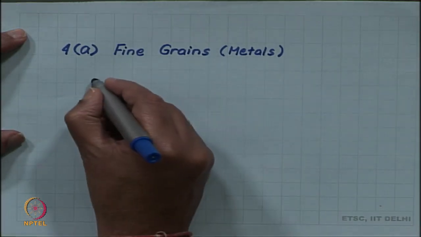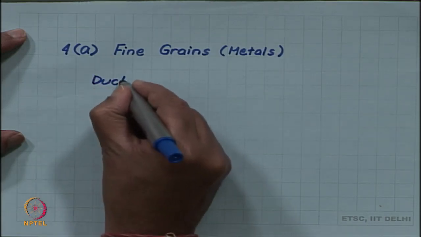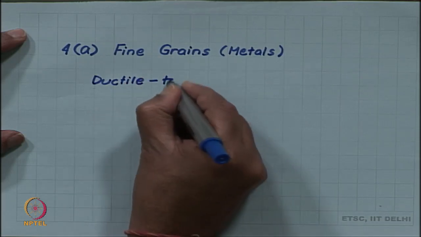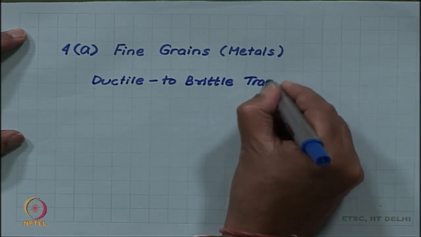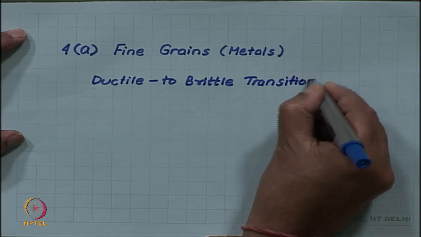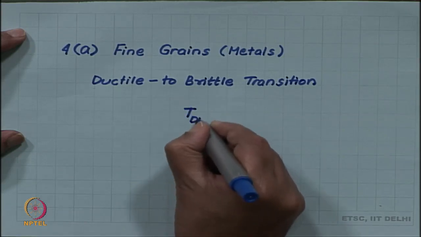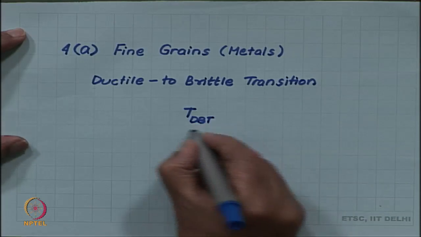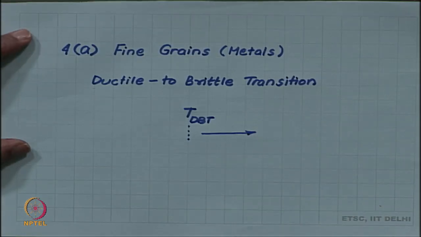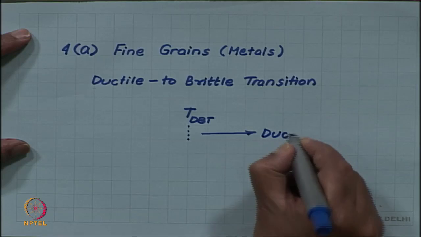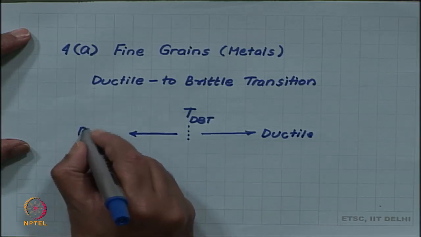If you recall, we have discussed something called the ductile to brittle transition, that there is a transition temperature, called DBT, and at temperatures higher than the ductile to brittle transition, the material behaves in a ductile fashion, and at a temperature lower than that it behaves in a brittle fashion.